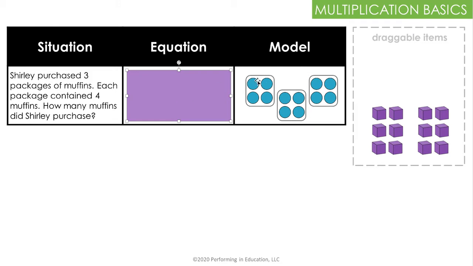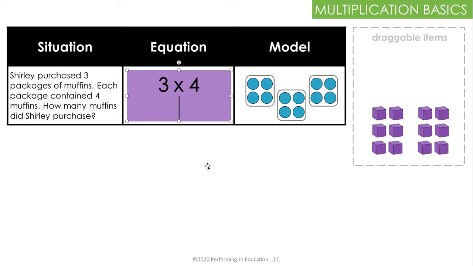So since this is 3 groups of 4, we can write it 3 times 4. And I used an X for my times symbol, so when you're typing, you can use the X on your keyboard to show times. Sometimes another button that we use to show times, and you'll see this in ScootPad sometimes, is the asterisk or the star, and you can type the star asterisk by typing Shift 8.